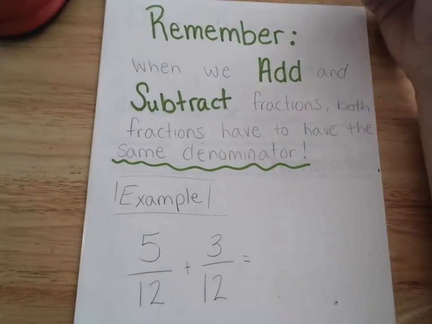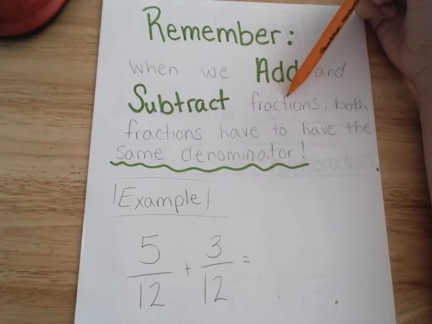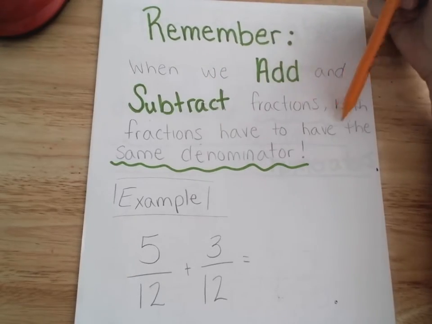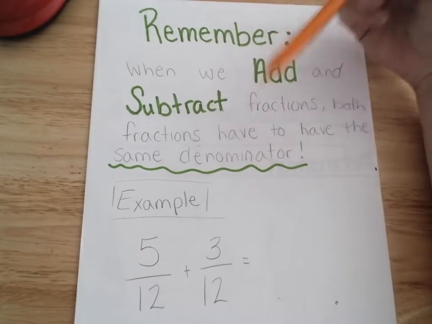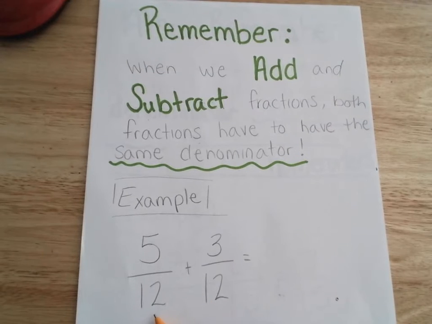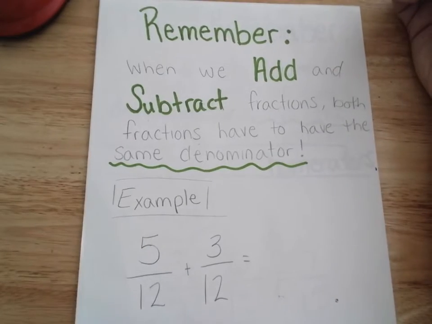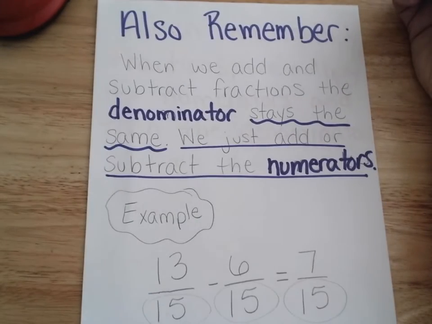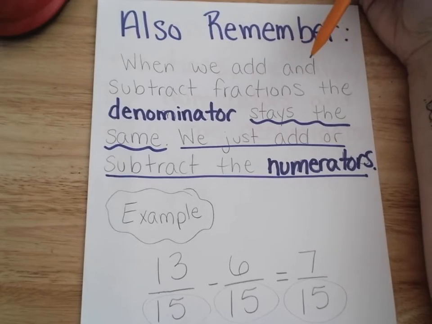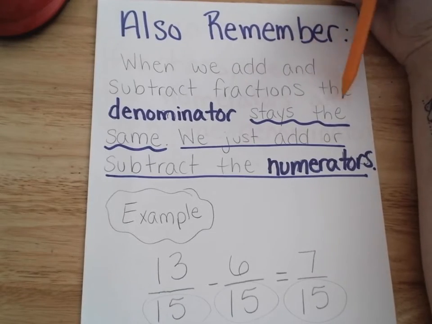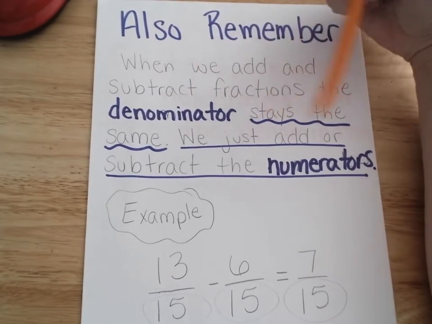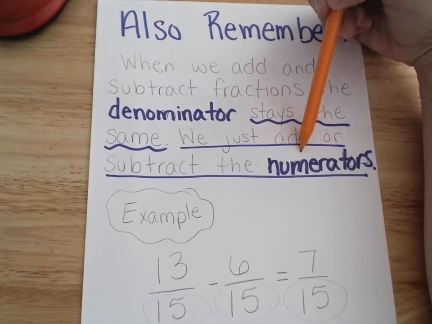So we have a few things we need to remember before we hop right into multiplying fractions. When we add and subtract fractions, both fractions have to have the same denominator. That means the number on the bottom has to be the same in both fractions in order to add them together. Another thing we need to remember is that when we add and subtract fractions, the denominator stays the same. We just add and subtract the numerators, which is the number on top.